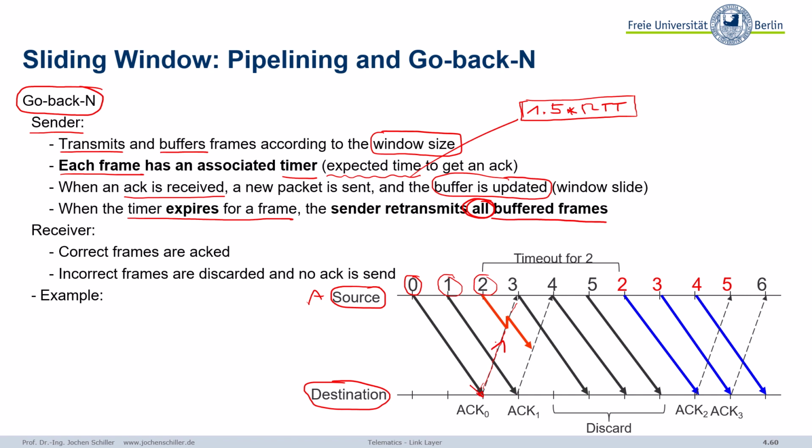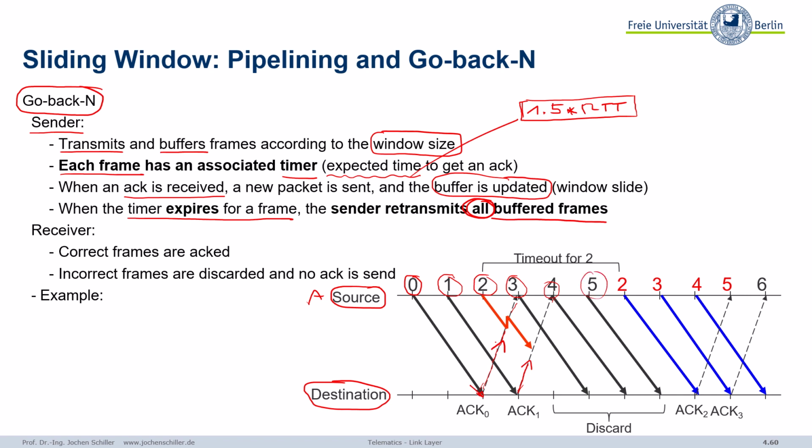In this example, as soon as this arrives, we can send our packet 3. We send the acknowledgement for 1. We send here 4. And depending on the window, we can even send more.